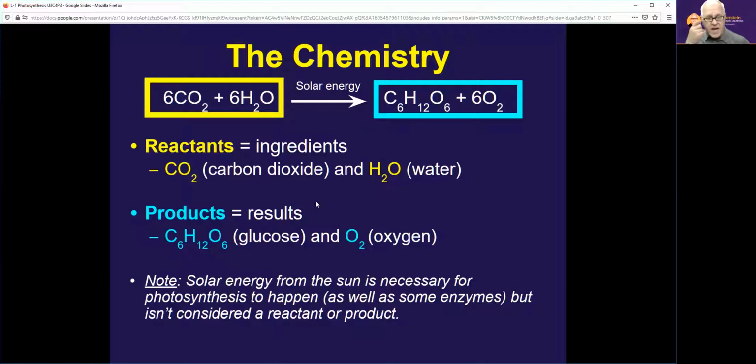So remember, the reactants, or the ingredients, are the carbon dioxide and the water. The products, or the results, are the glucose and the oxygen. And remember that the solar energy from the sun is necessary to excite the electrons to send them down the electron transport chain, but it's not considered a reactant or a product itself.